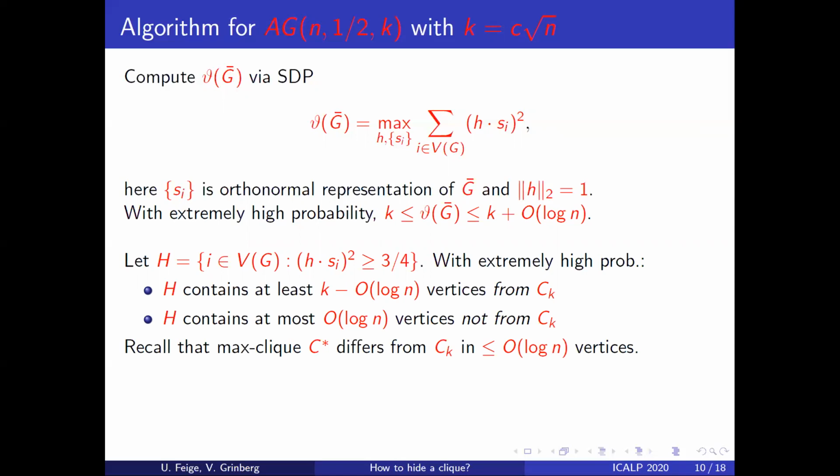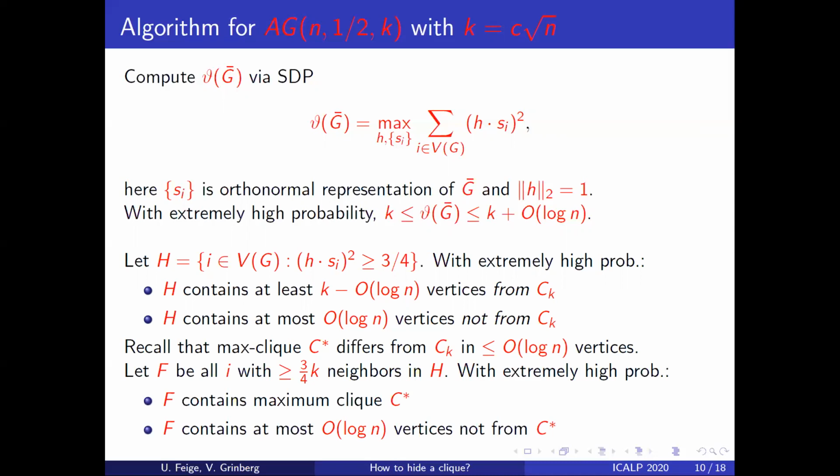Recall that the maximum clique C star also differs from C_k in at most log n vertices. Using these facts, we can consider the set F of all vertices i that have at least 3k/4 neighbors in the set H. We prove that with extremely high probability, this set F contains all vertices of the maximum clique C star and at most big O of log n additional vertices.